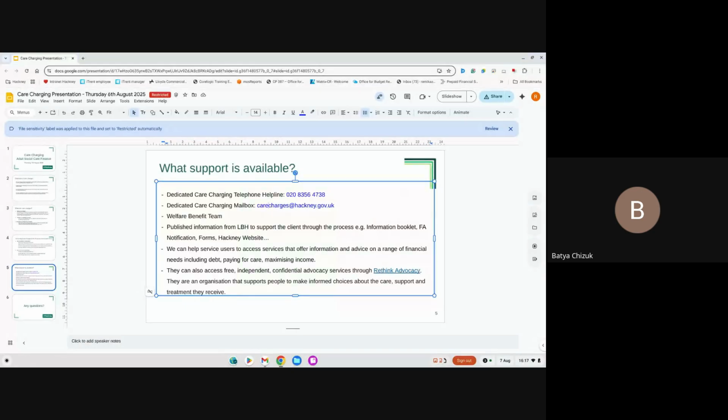I'd like just to raise the point that the way that care charges are invoiced and the invoices that are sent out is not particularly user friendly, and I'm wondering if there's anybody that's interested in doing something about it. Right, yeah. We've heard that from many people.